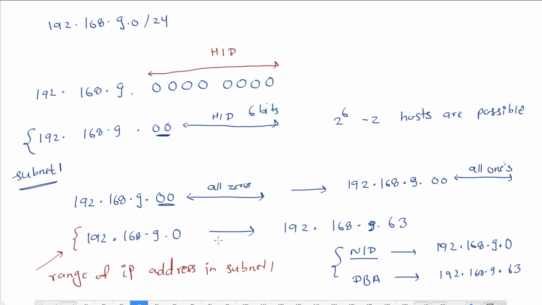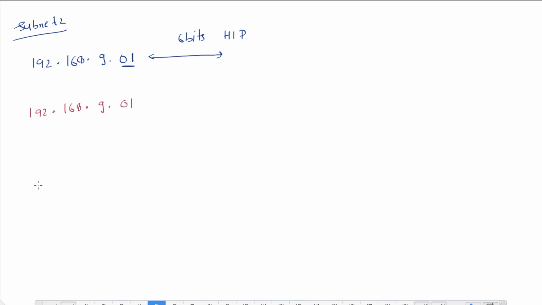Now similarly, you will have subnet 2. For subnet 2, instead of 00, you will have 01, which means 192.168.9.01, this is fixed, and then you will have these 6 bits for the host ID, which means you will be ranging from 192.168.9.01 and then 6 zeros, to 192.168.9.01 and then all ones.